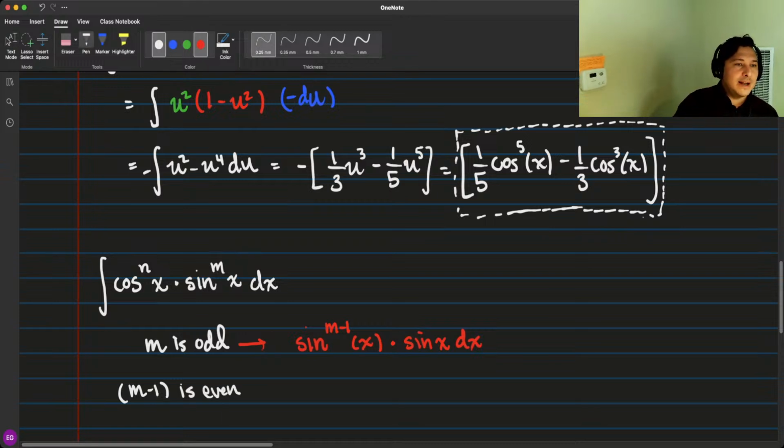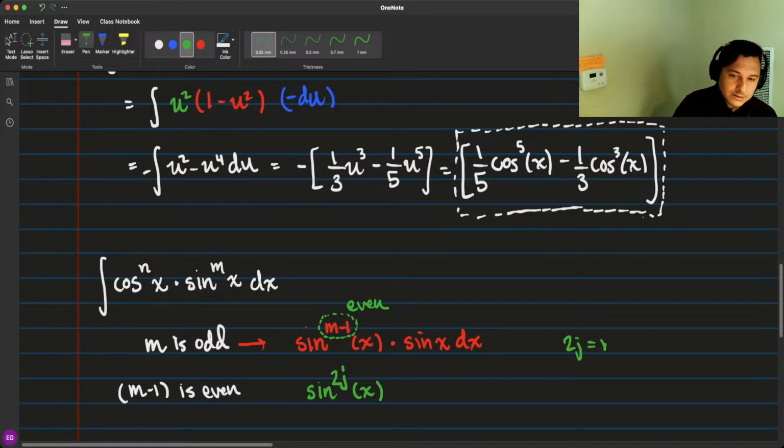Which means that this m minus 1 right here is even, which means that really this is sine to the 2 times some number j. So 2j equals m minus 1, because we said m minus 1 is an even number. If m minus 1 is an even number, it's divisible by 2, so it's equal to 2 times something.